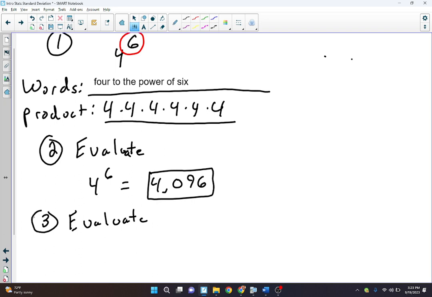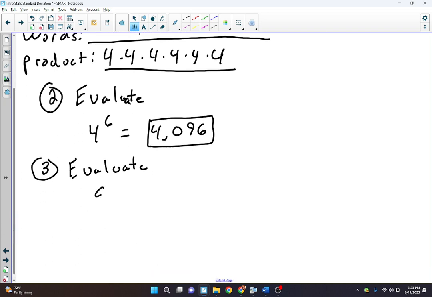For example, if I give you q plus 7 when q equals 10, what you do in these problems is take the variable that you see and plug in the number, substituting it. So it's just going to be 10 plus 7, which is 17.